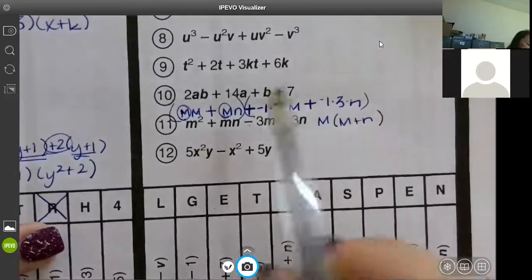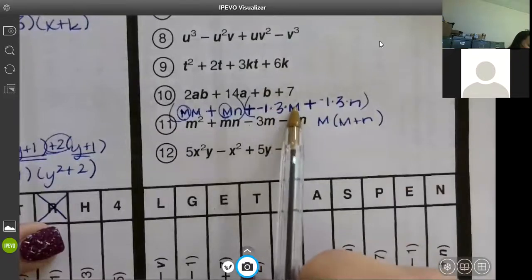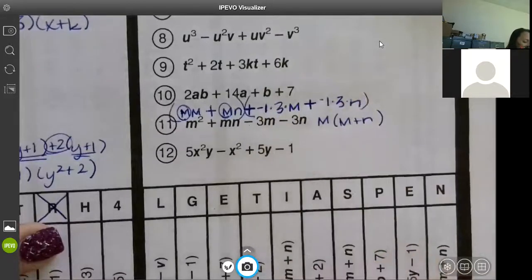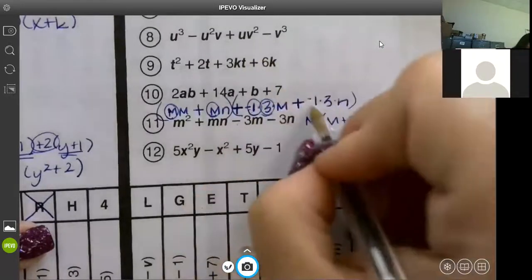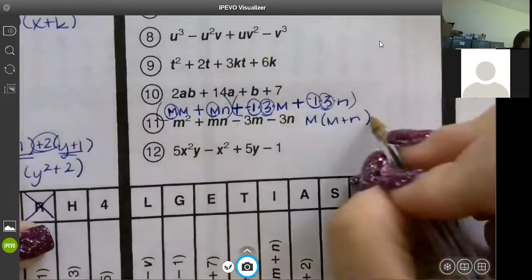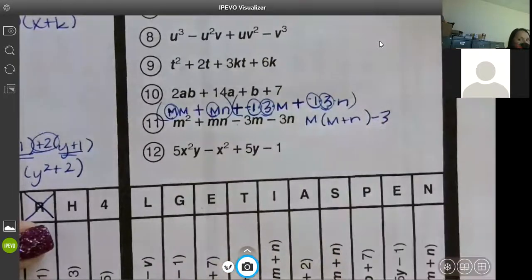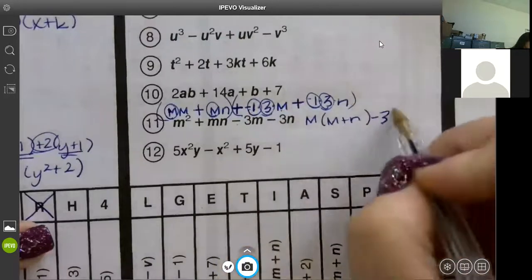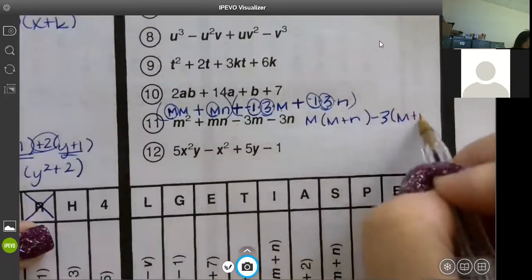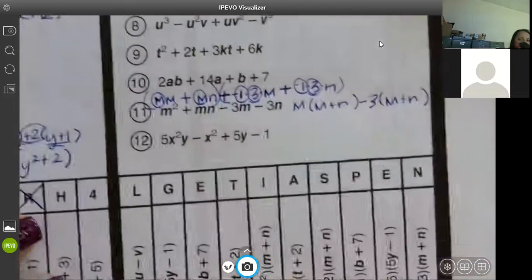In the second group, I have -1, 3m, -1, 3n. What do they have in common? -1 times 3 is -3 that they have in common. And read it, m plus n is what I have left over.